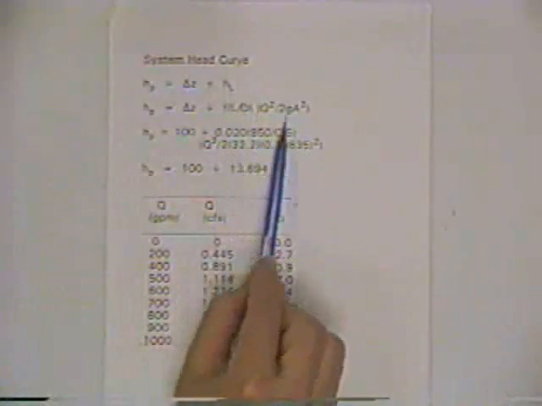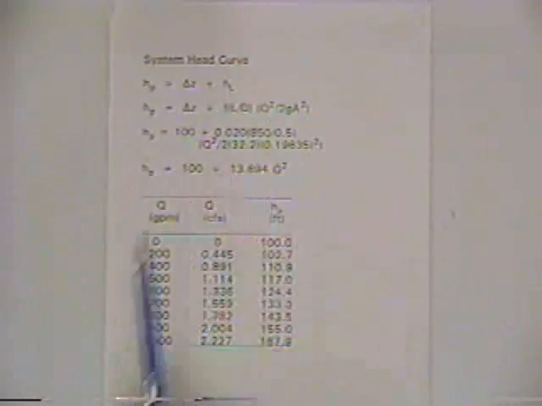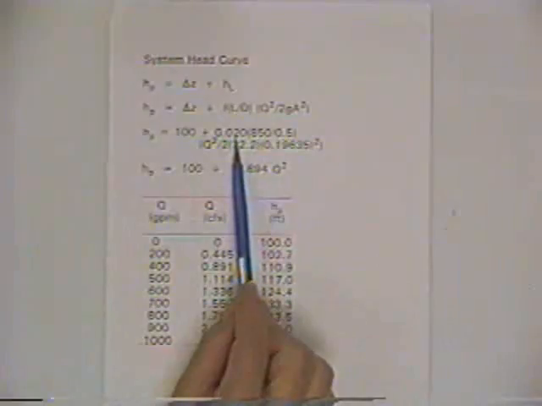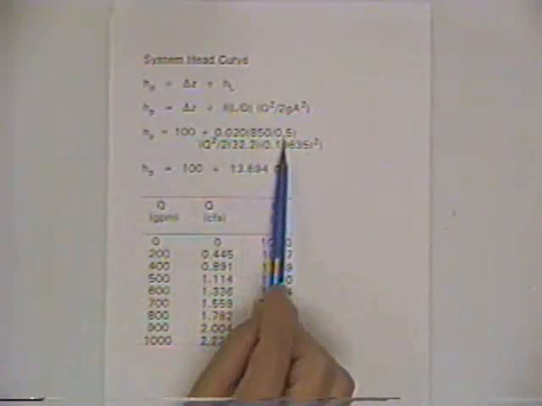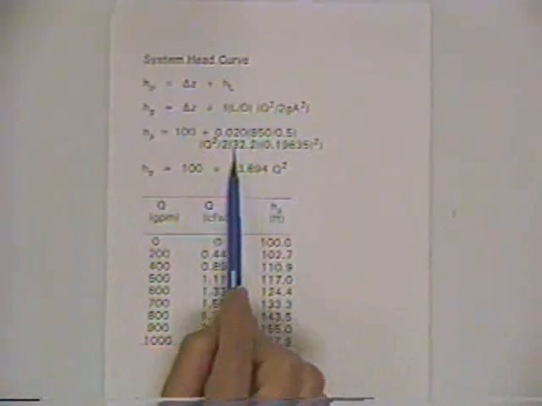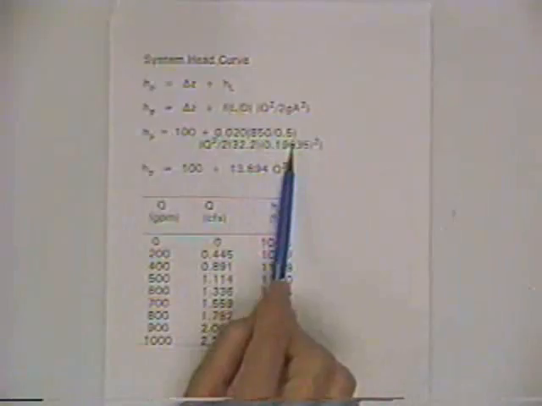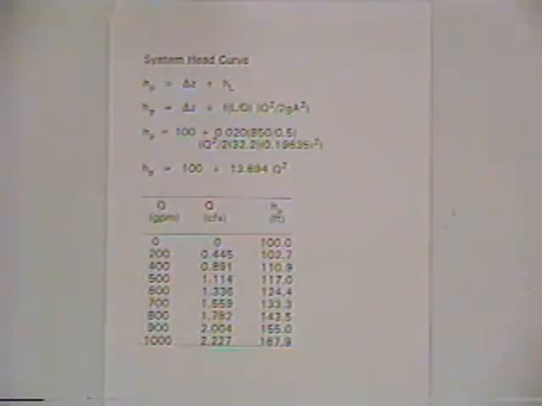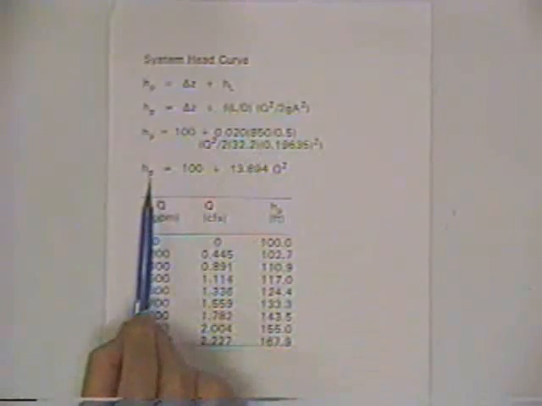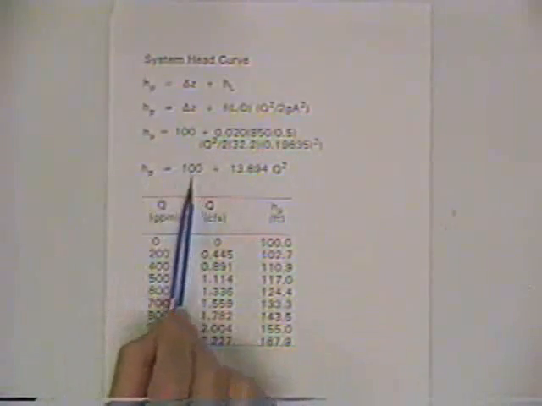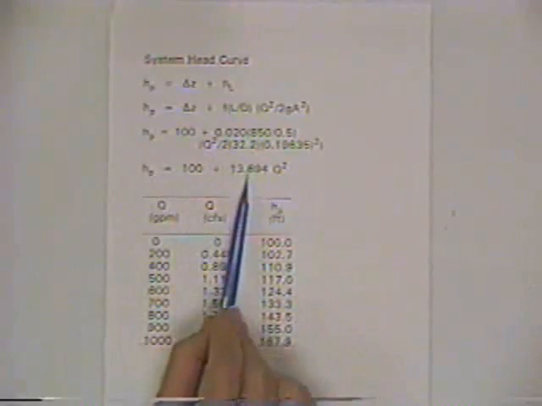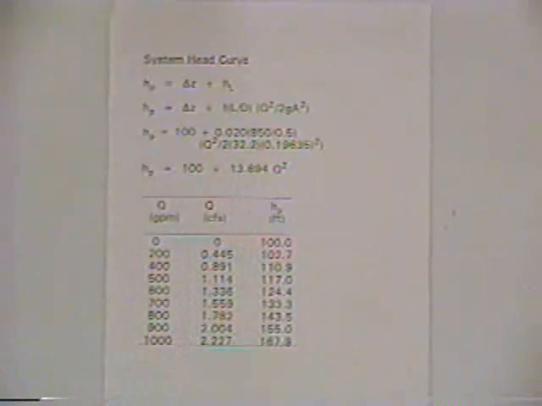We need an expression for the head loss, so we plug in the Darcy-Weisbach equation, same equation we've used before, and then we plug in the numbers that we know, the friction factor from the Moody diagram, the length of the pipe, diameter of the pipe, the Q squared is an unknown, divided by 2g, the acceleration of gravity, and the area, which we can compute from the diameter of the pipe. And we've got an expression that says that the head required of this pump is 100, and that's that delta Z plus the head loss. The head loss is just a number we computed from the Darcy-Weisbach equation times Q squared.